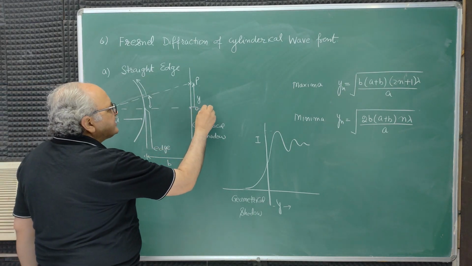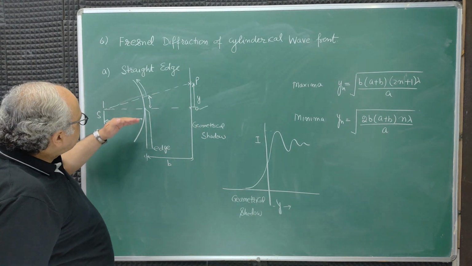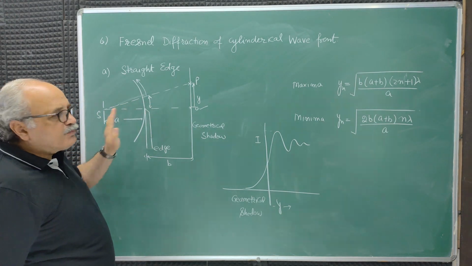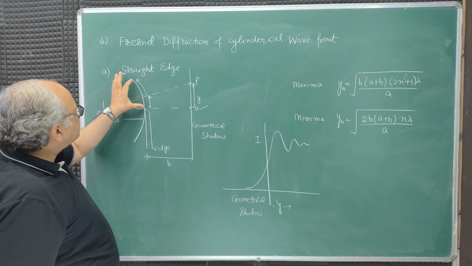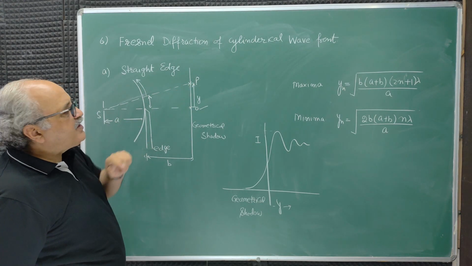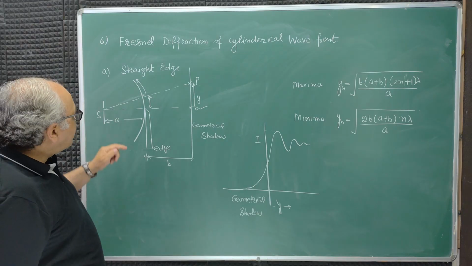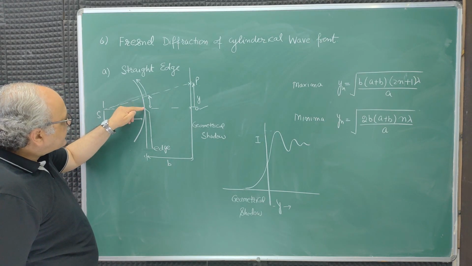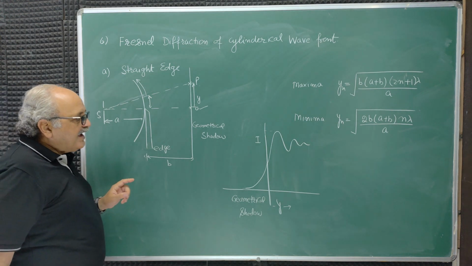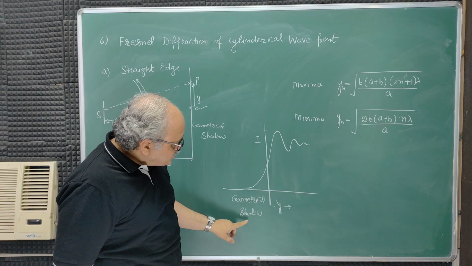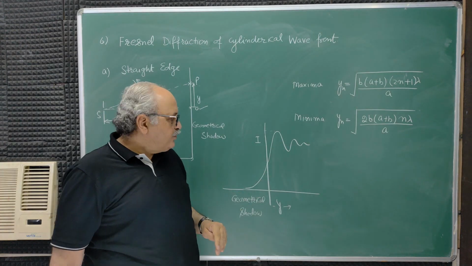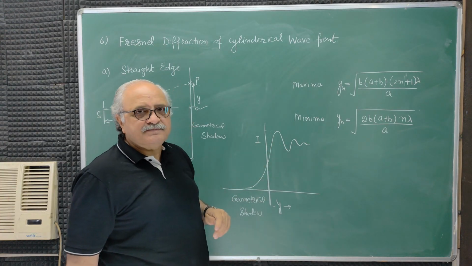If I look at the central point O, half the portion of the wavefront which is in the geometrical shadow region is blocked, and only the upper part is going to contribute at O. But if I move from O to the point P by distance y, then even in the lower part of this wavefront, some of the half period zones come and contribute. As a result, the intensity in the geometrical shadow region continuously decreases, whereas in the region other than the shadow region, we have maxima and minima.